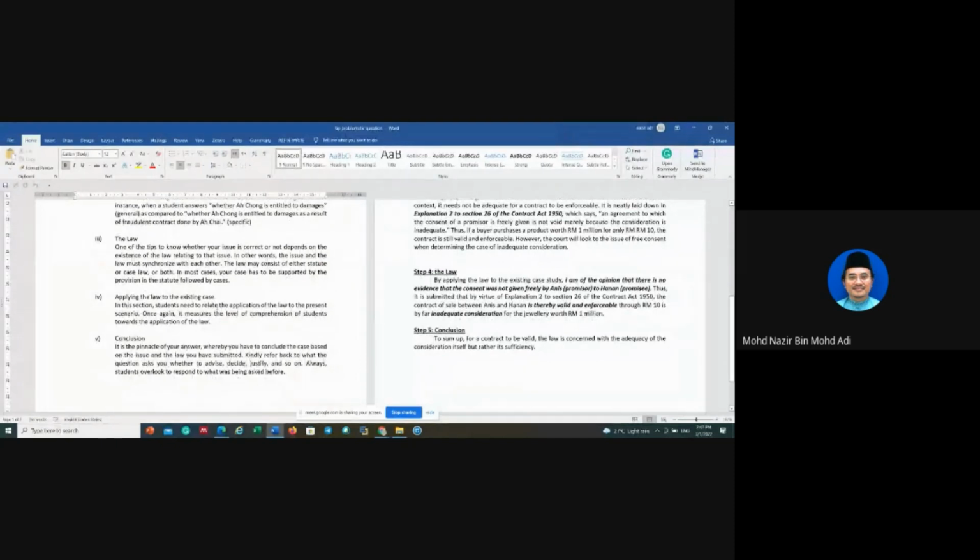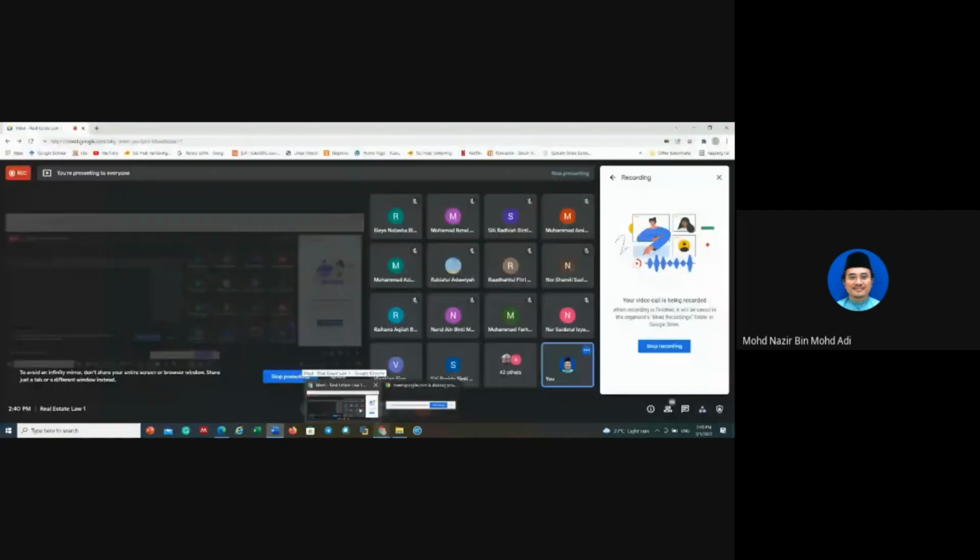Okay, so the law might comprise one, provisions of law under which section, and second, decided cases. Sometimes it comprises only the provision of the law alone, sometimes only cases, and sometimes both.